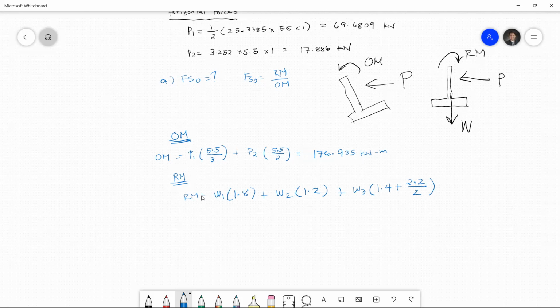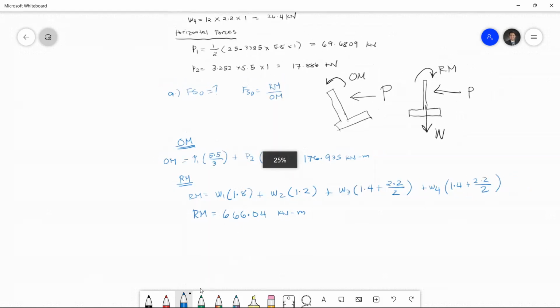And for W4, the distance is the same, which is 1.4 plus 2.2 over 2. Okay, if you solve for the righting moment using W1, W2, W3, W4, you have here 666.04 kilonewton meter. Okay, so you have here your overturning moment, and you have here the righting moment.